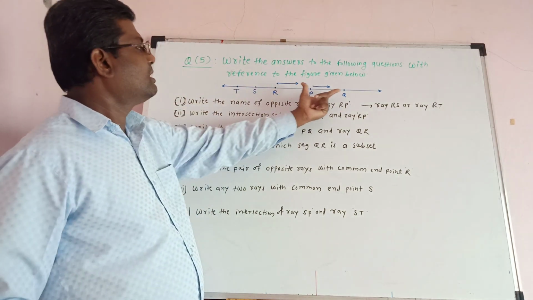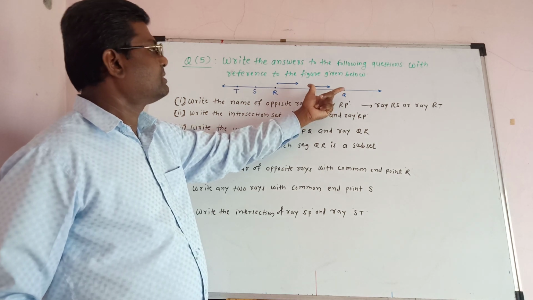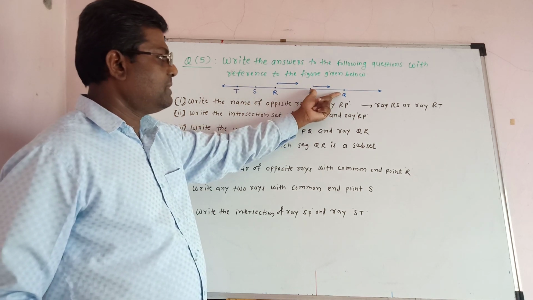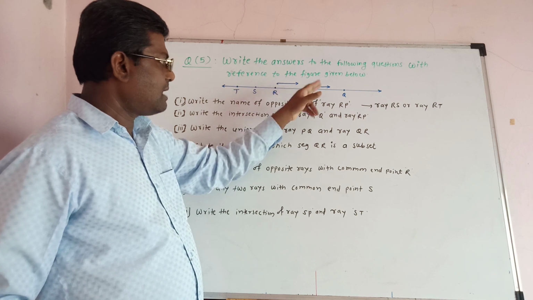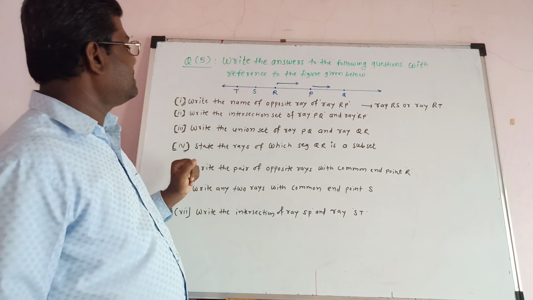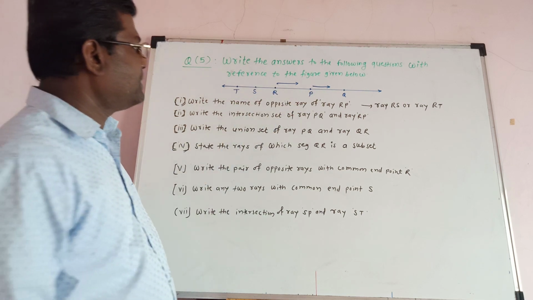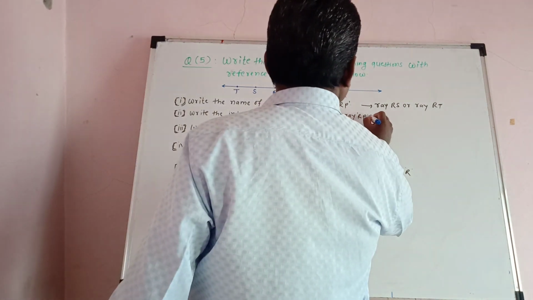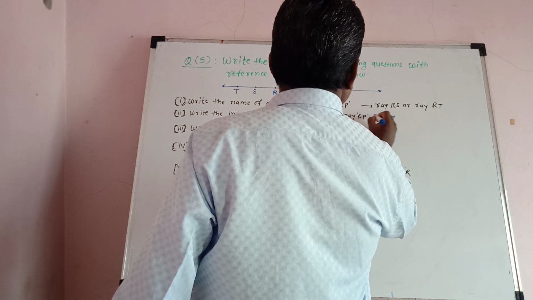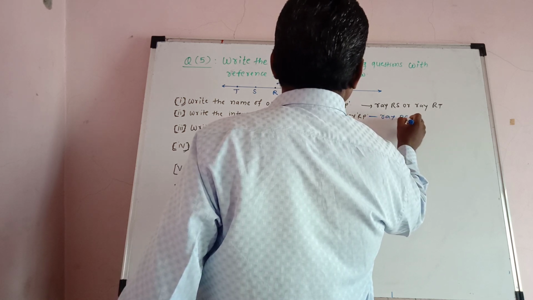If you see, ray PQ comes in both ray PQ and ray RP, therefore it is the intersection of ray PQ and ray RP. Therefore we write here answer ray PQ.